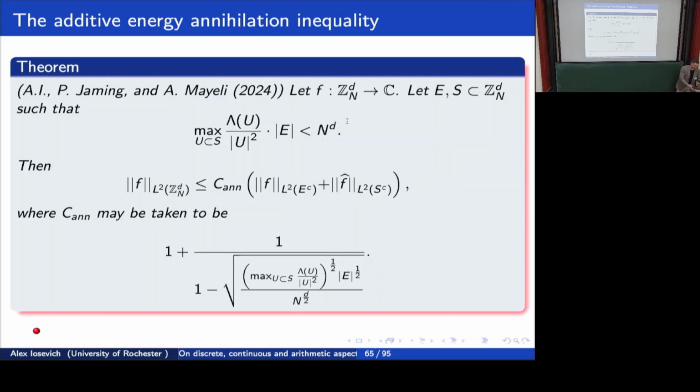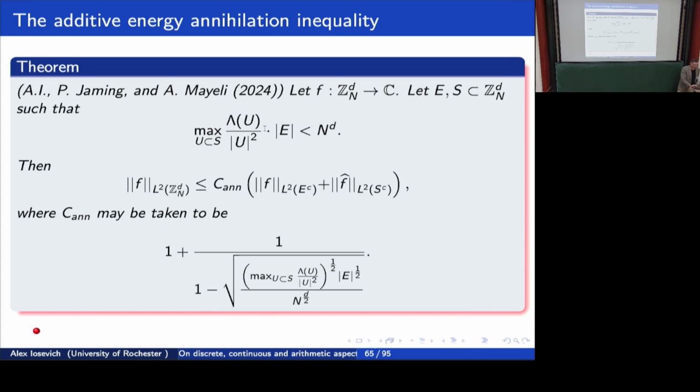All right, so another object that came up when we were discussing restriction theory, or when we were discussing improving the uncertainty principle in the presence of extra structure, is additive energy. And here is a version of an additive energy annihilation inequality. This is again joint work with Philippe Germain and Zita Maeli.